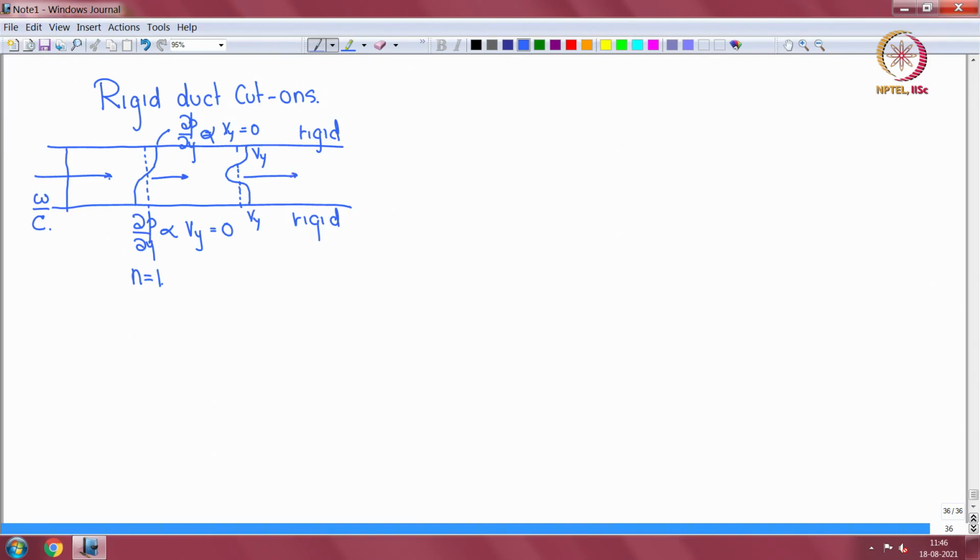Now as I said, let us start deriving the solutions. So let me have the non-dimensional coupled dispersion equation.